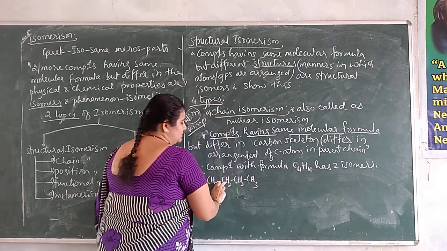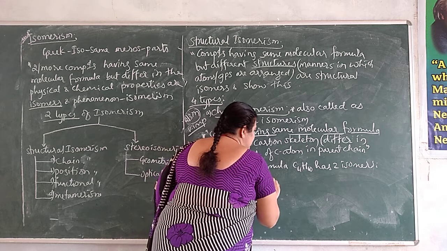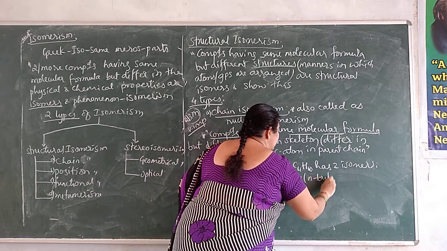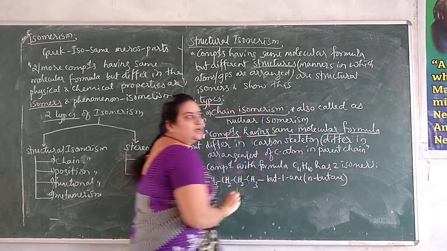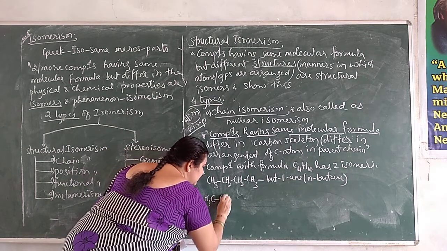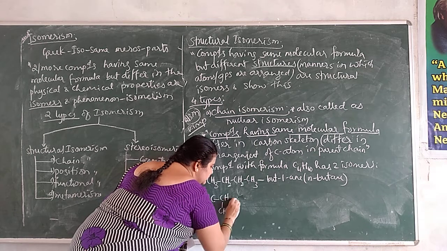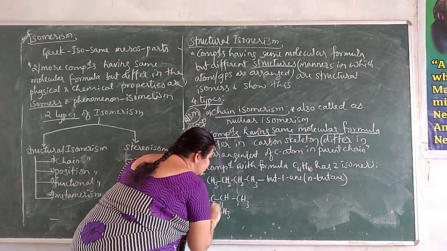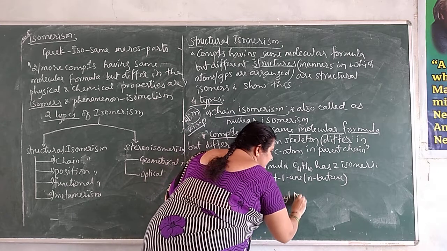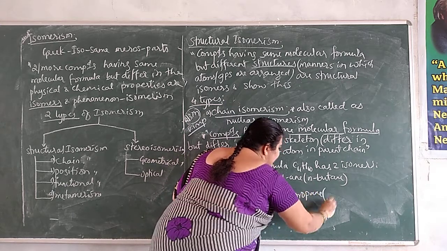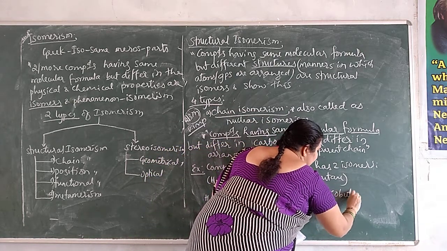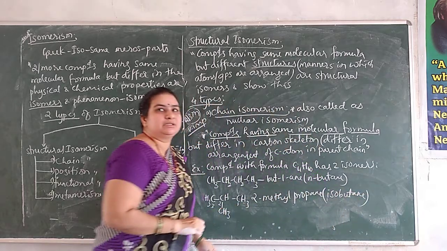So 1, 2, 3, 4 carbon atoms: butane, or n-butane. In the bracket I have written the common names of the compounds. Another structure, CH3, CH, CH3, CH3. So here 1, 2, 3: 2-methylpropane, or this is called isobutane. Like that we are having chain isomerism.